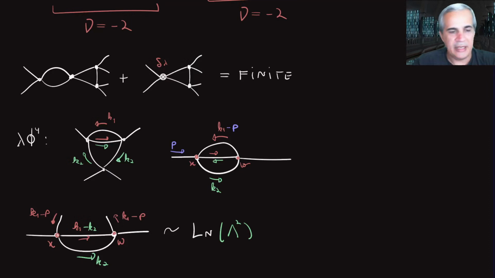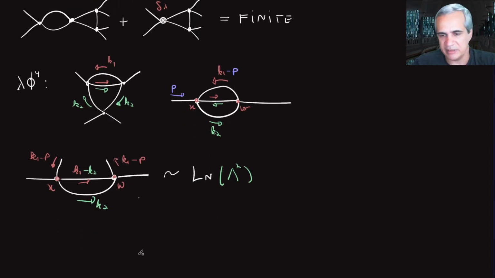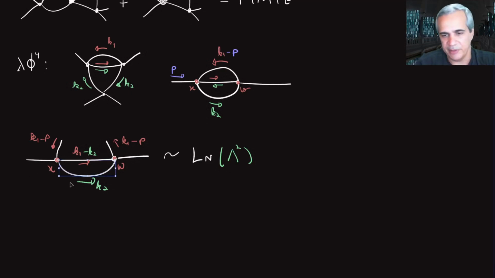And that suggests to us, again, I'm not proving anything, I'm just arguing for the solution, that this solution looks a lot like this diagram. So this is the line where I have K1 minus P flowing. I have external momentum P coming over here.